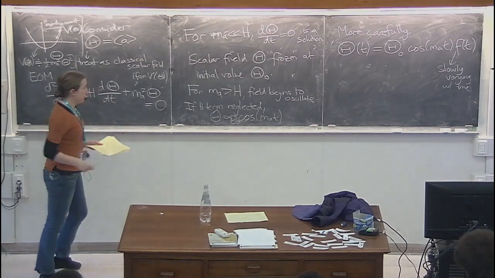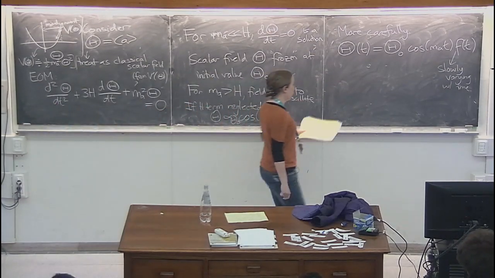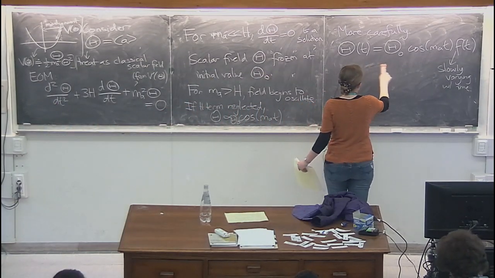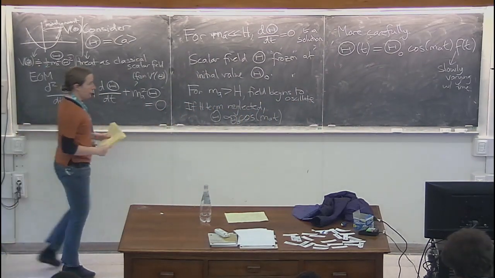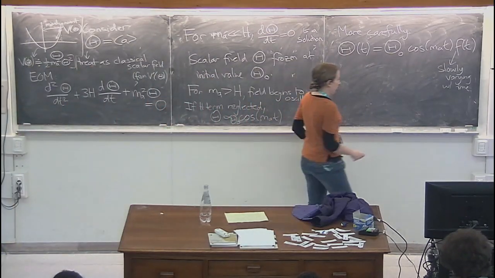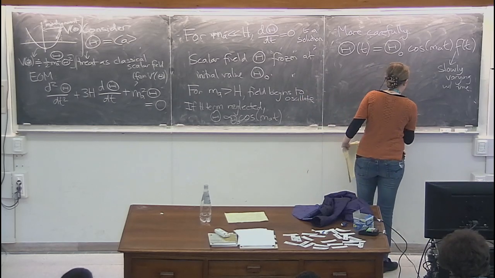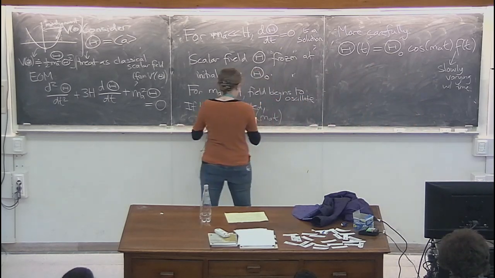I'm happy to talk through it with anyone who's interested, but what you show from this is that the evolution of f of t turns out to be proportional to the scale factor to the -3/2.